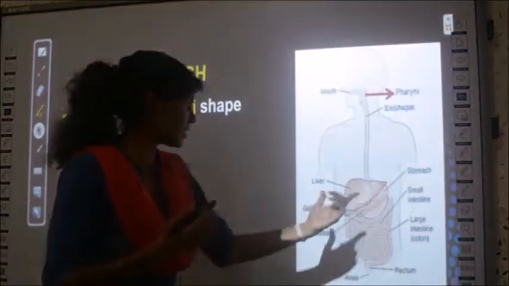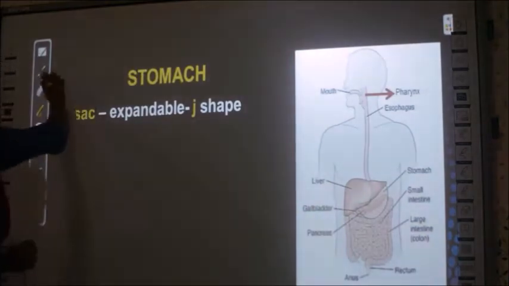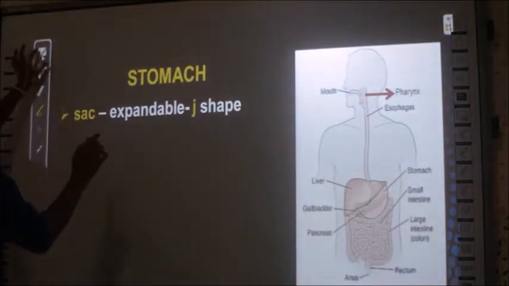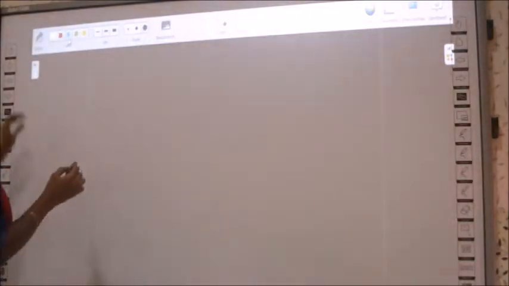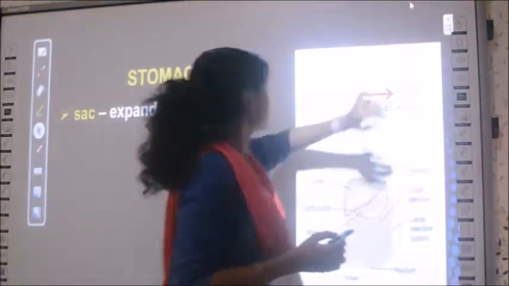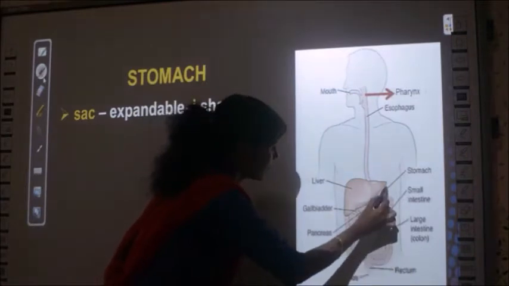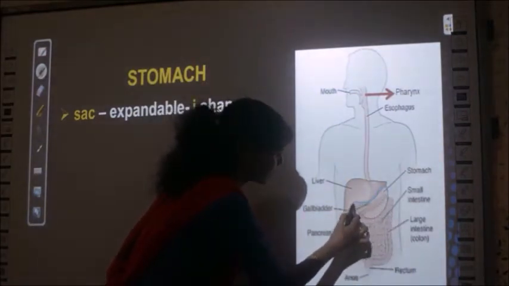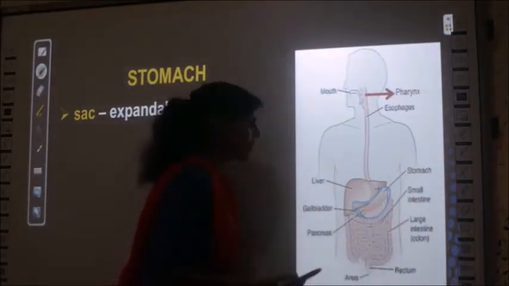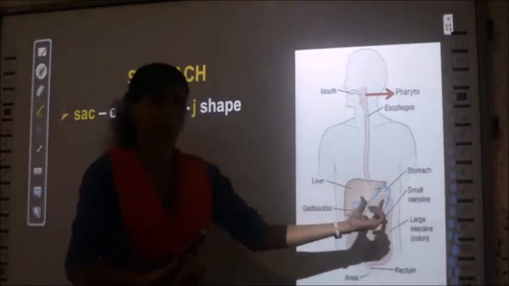And where is the stomach here? Let me mark and show you. So here the stomach is this one. Which one? This one is the stomach. Okay, so this can be compared to the shape of a J, right?